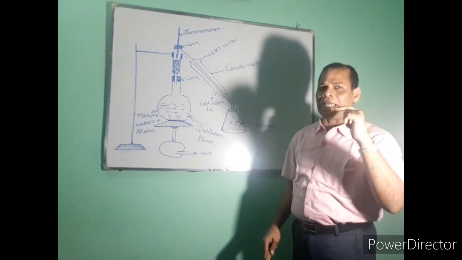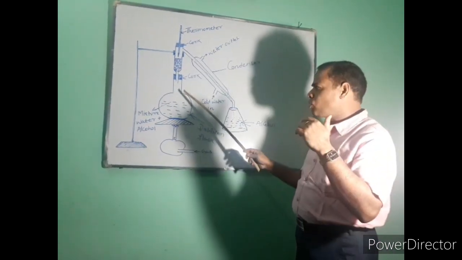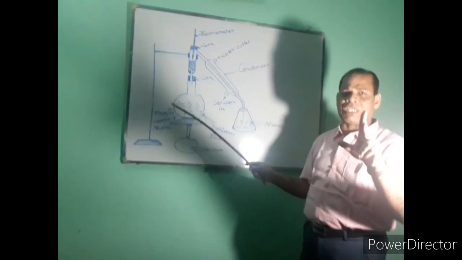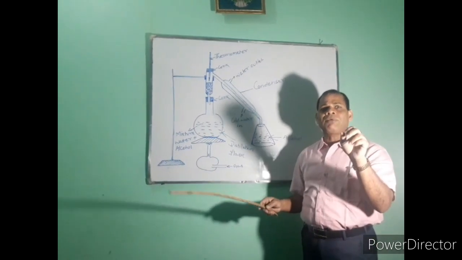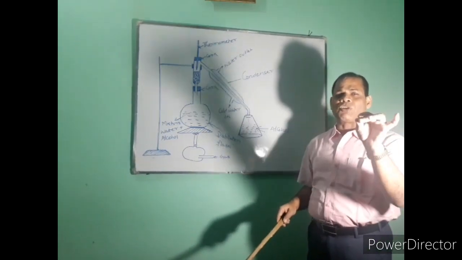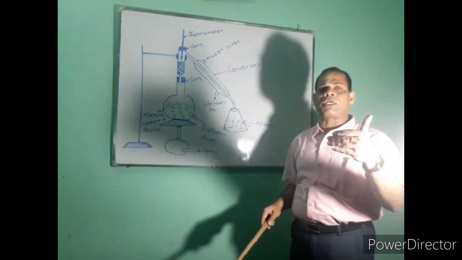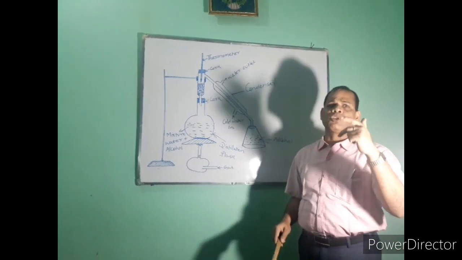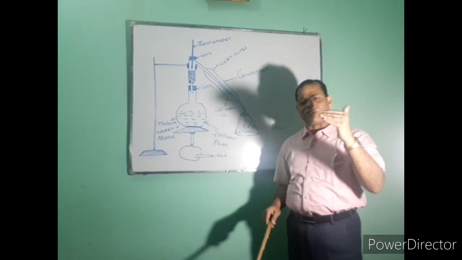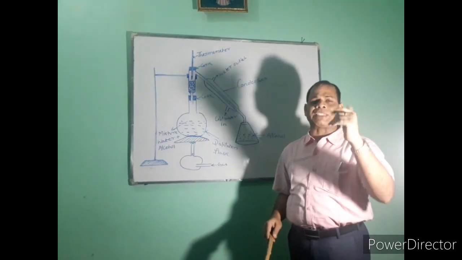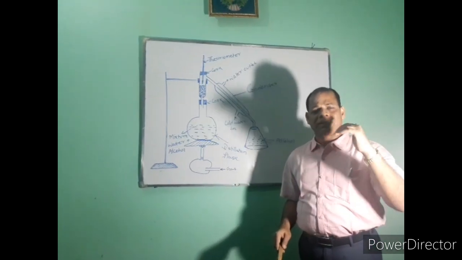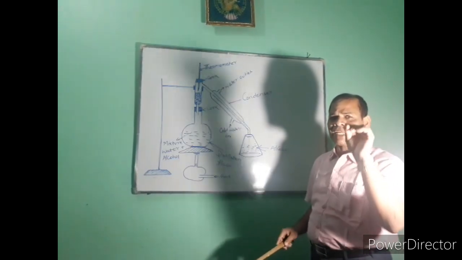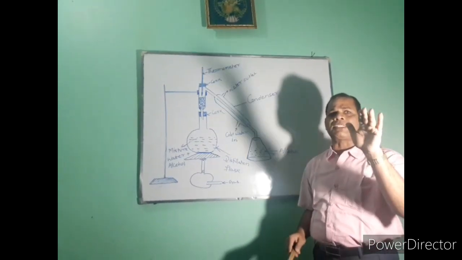The second, as I said, is that we are separating two miscible liquids whose boiling point difference is less than 25 Kelvin. Sometimes, due to the small difference of boiling point, the second liquid, which has a little higher boiling point than the first, also converts into vapor form, but the kinetic energy of its vapor is a little less.